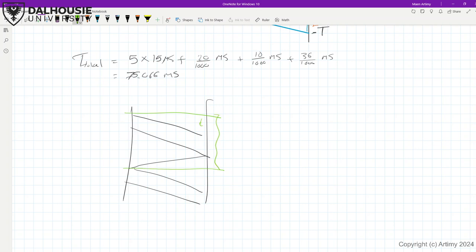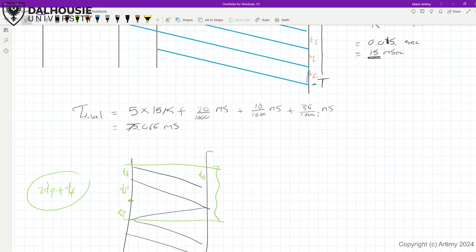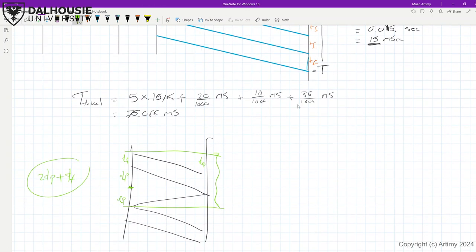So this is a TP, this is a TP, and this is TF. To send one frame, you need 2 propagation delays plus 1 frame time, assuming the acknowledgement is negligible. If you have 3 frames, 4 frames, then you multiply by that number. But that's not part of this question, so you don't need to worry about it.